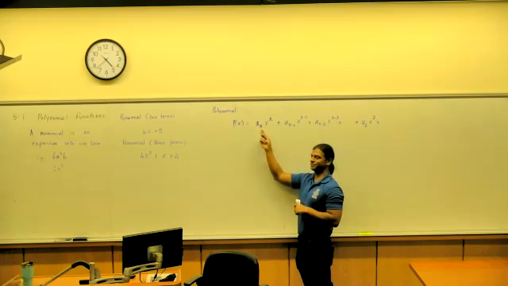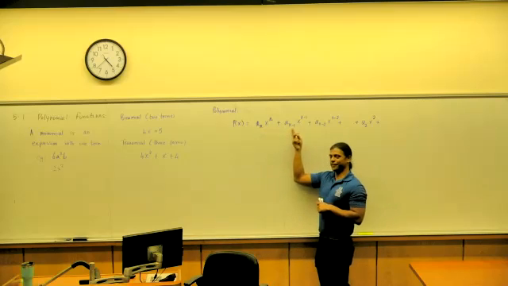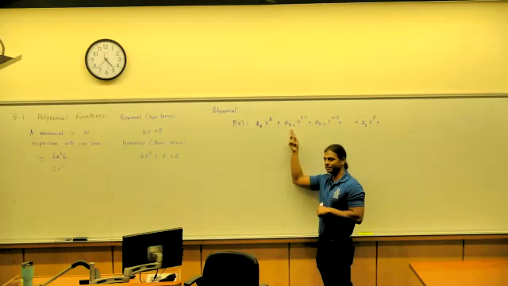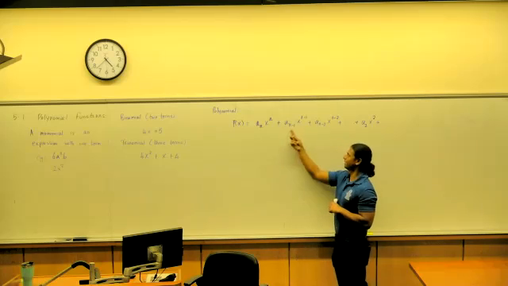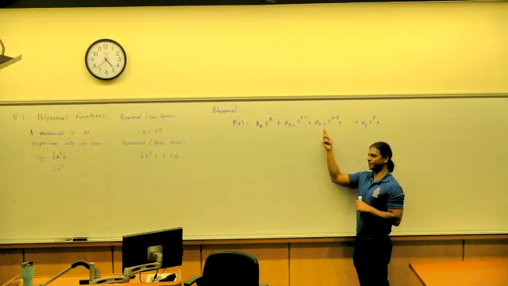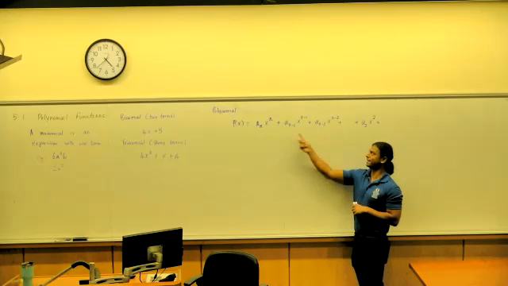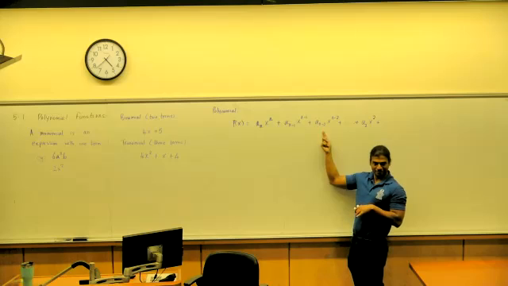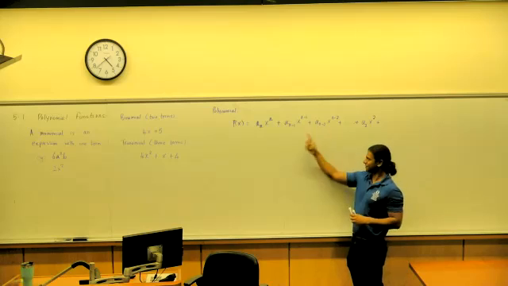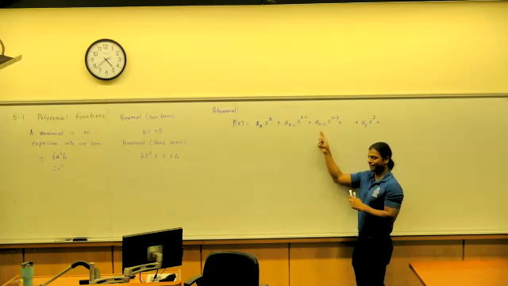So n, then n minus 1. How many did I take away? 1. N minus 1 to n minus 2. How many did I take away? From here to there, I decreased by 1, correct?